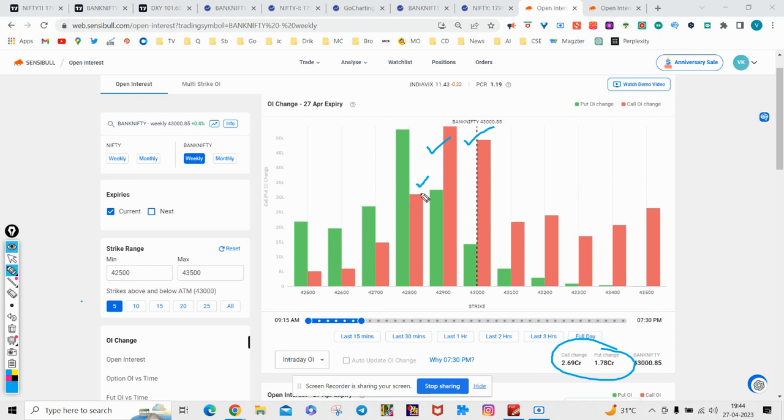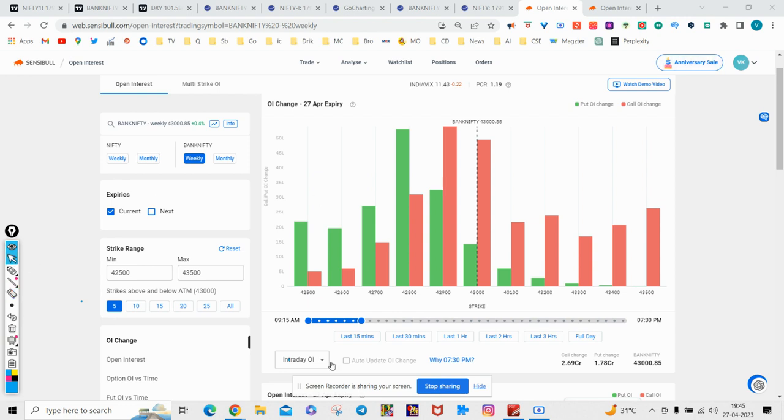They have made inroads in the 40,800 levels also. That is why the price is facing a kind of resistance at the top. Of course 40,800 is a very strong support, there's no doubt about it. But the issue is 40,900 and 43,000 were strong resistances. The call OI change was also more in the initial part. So that is why the price was not able to go up, and order flow also hinted the same.